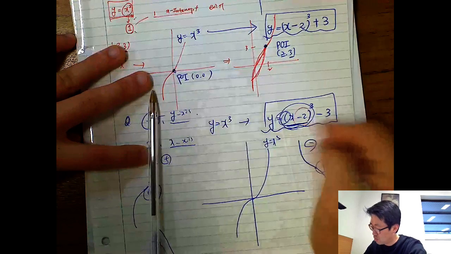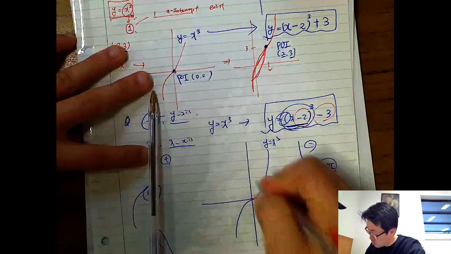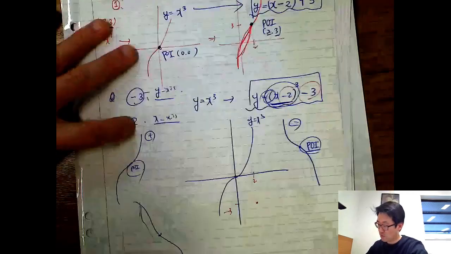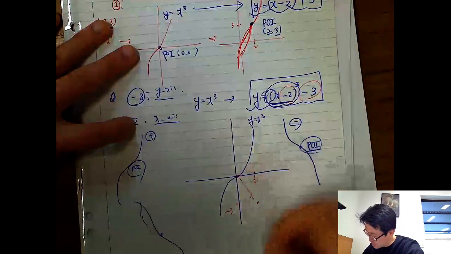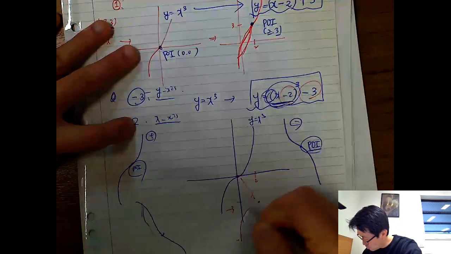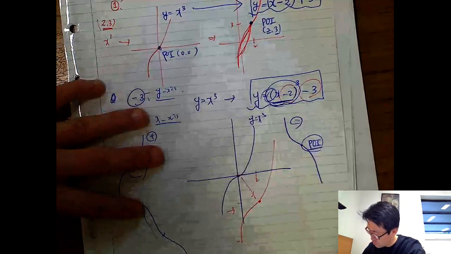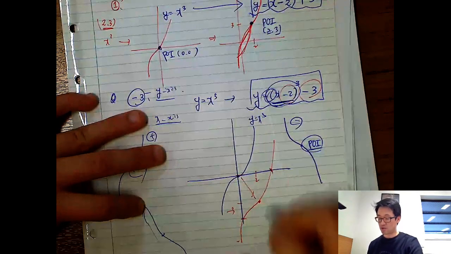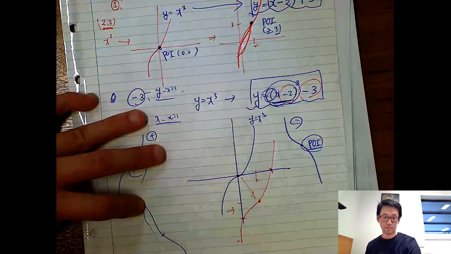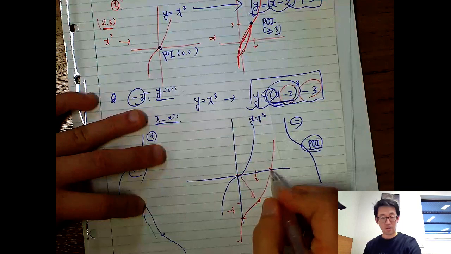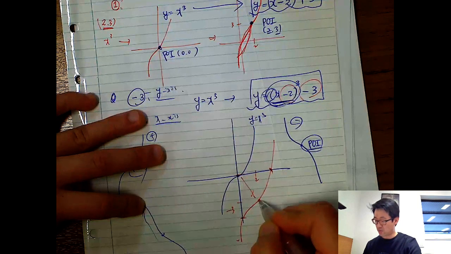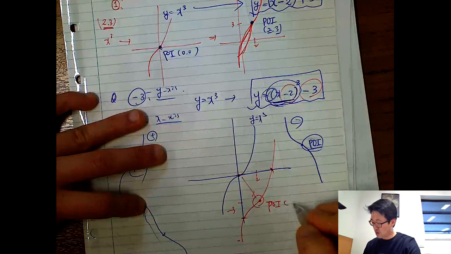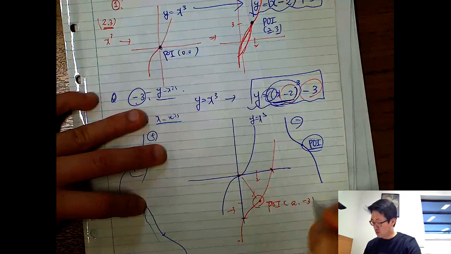I moved it 2 and minus 3. The point of inflection moved to here. I'll go draw that. I can get the x-intercept and y-intercept if I want. When y equals 0, x equals 0. But we can leave it there. That is the point of inflection, 2 and minus 3.